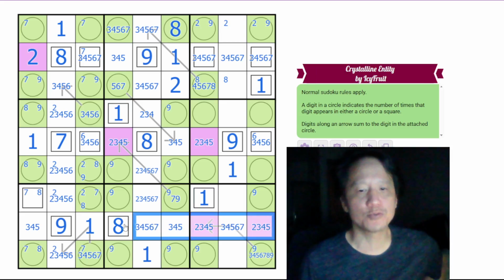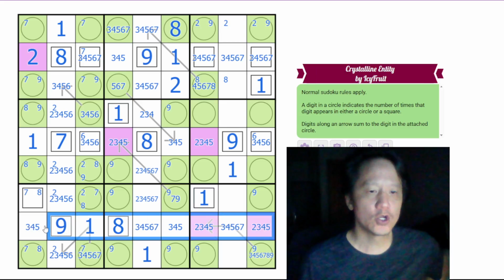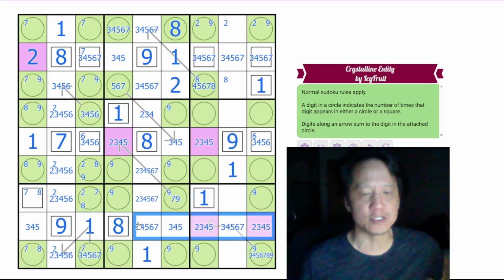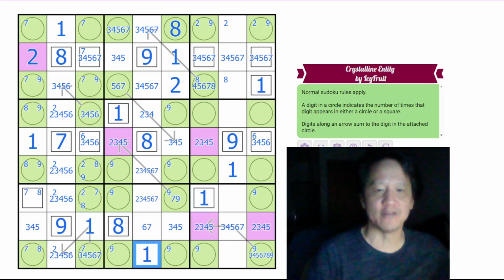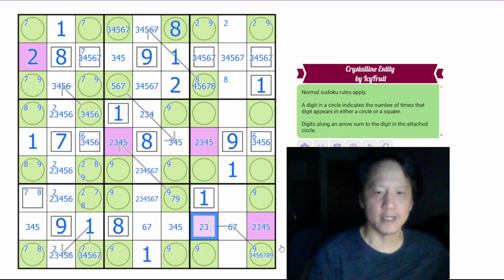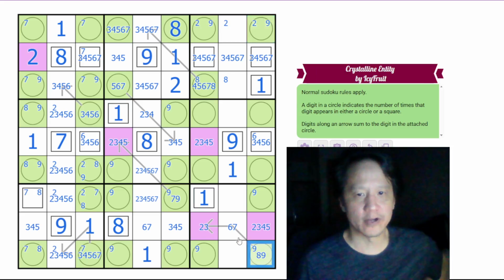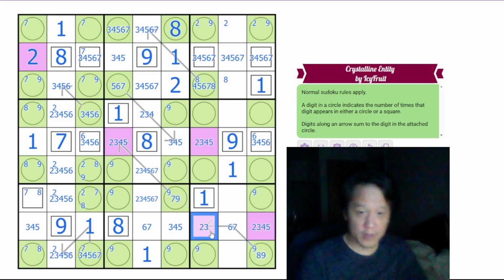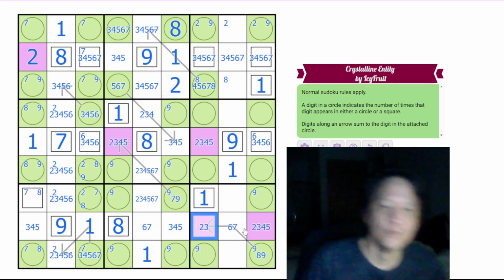We have a 2, 3, 4, 5 quadruplet in row 8, which eliminates 2, 3, 4, 5 in the rest of the row. This can't be 3, 4, 5. It's 6 or 7. That means this must be 2 or 3, and this has to be 8 or 9 here. We're guaranteed that. Because this is 2 and 6 at minimum, and it could be 2, 7, or 3, 6, or whatever, right? 2 was one of these two.